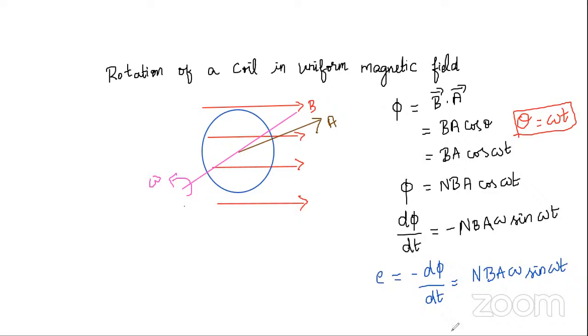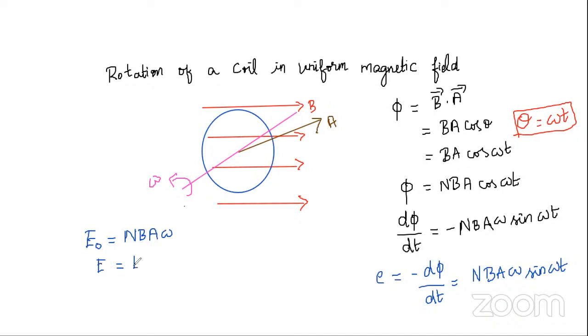Here this NBA omega is nothing but the maximum EMF that can be linked with the coil, and the notation of that EMF can be taken as E naught. E naught equals NBA omega. Of course this small letter e can also be replaced by capital E.